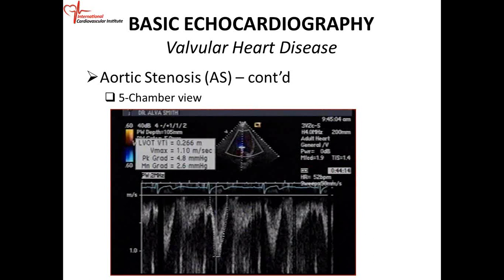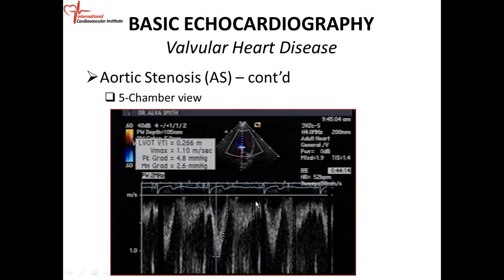You want to be outside of the zone of turbulence, about 1 to 1.5 centimeters away from the valve, because you don't want to subject the LVOT TVI to turbulence. You're going to get a number which is higher than the real number. So you want to get outside of that zone of turbulence and do your left ventricular outflow tract TVI.